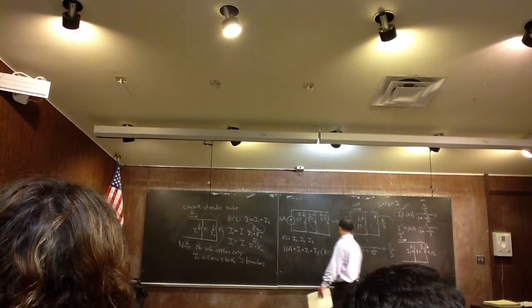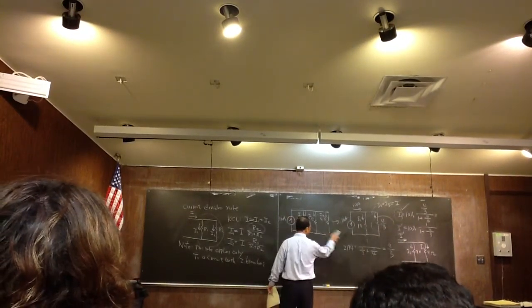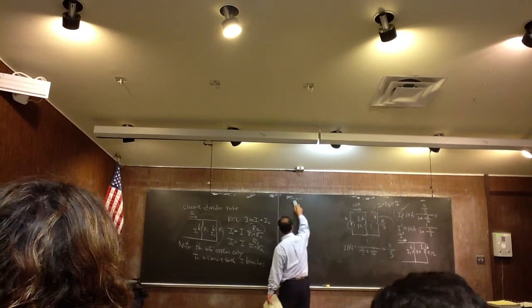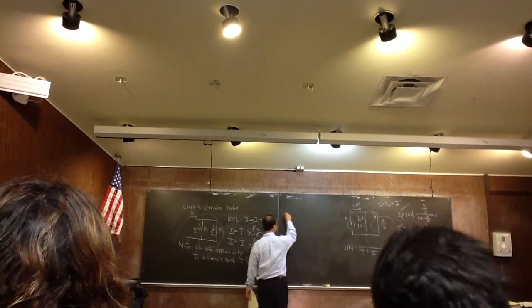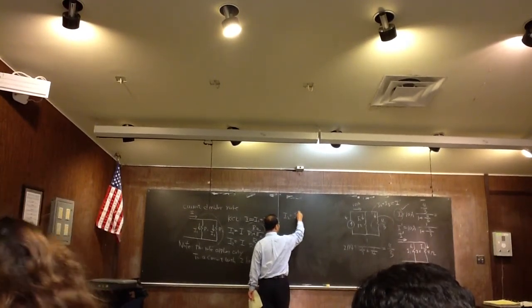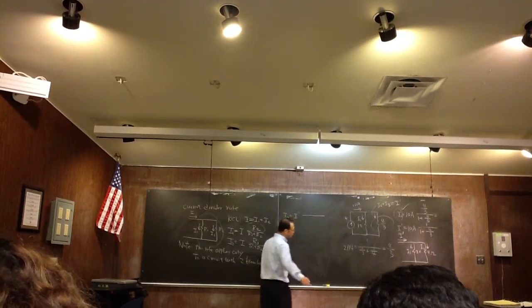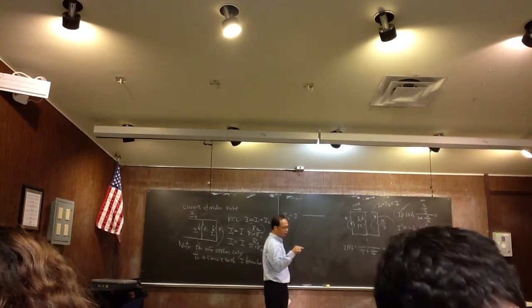So therefore, for your I2, again, you can use the current divider rule. I2 is equal to what? I prime times, the main current, right?